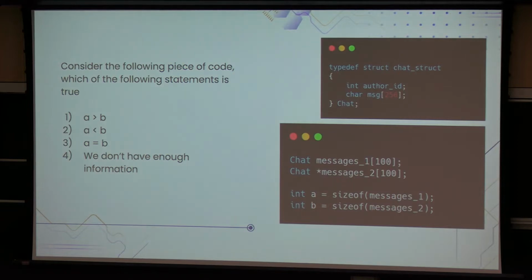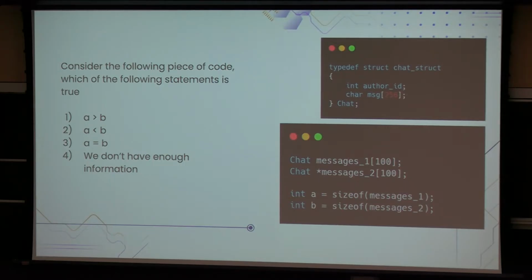I'll give you maybe 30 seconds to think about the answer. So is A or B going to be bigger? Or are they the same? Does it actually matter whether or not we store a pointer?